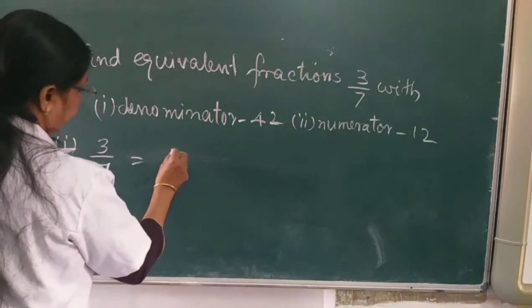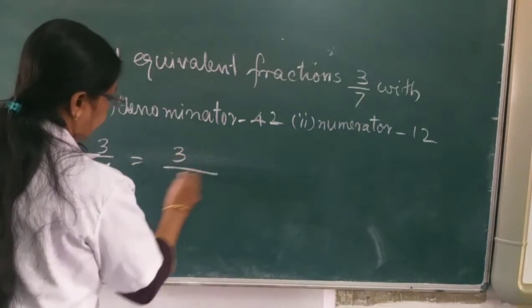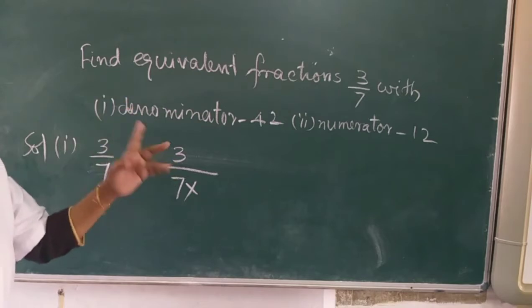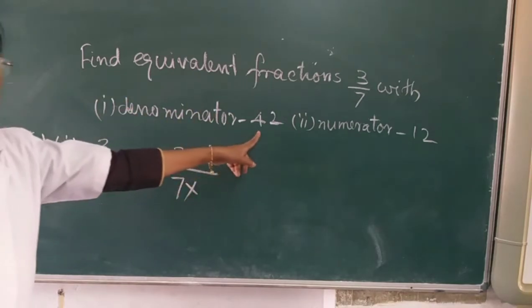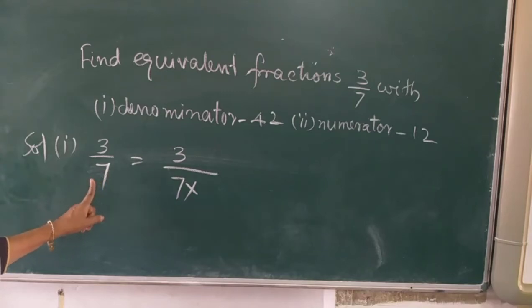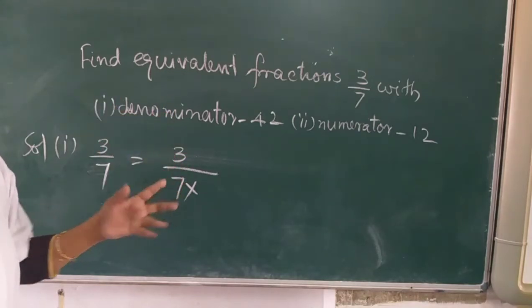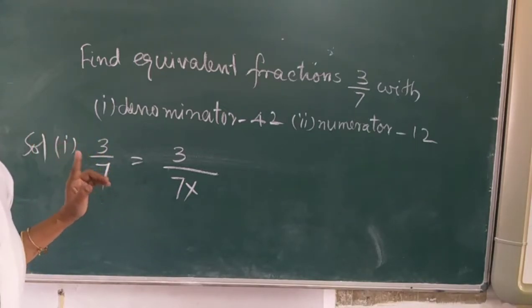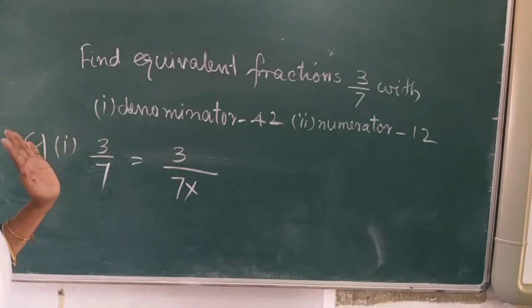3 by 7. 7 into which number is 42? Because the denominator is 42. In this fraction, 7 is the denominator. 42 is a bigger number. To get the bigger equivalent fraction, we multiply the denominator and numerator with the same number.